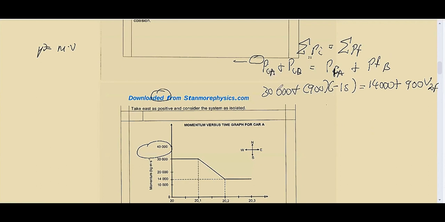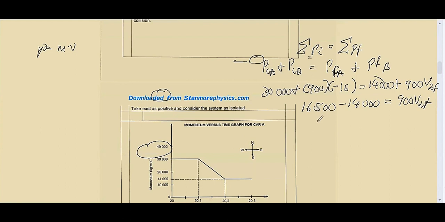Now, if we punch all this in our calculator, that's 30,000 plus 900 multiplied by negative 15. So all this will give us a value of 16,500. We can just right away transpose this 14,000. So 16,500 minus 14,000 is equals to 900 V2F. Now, what is 16,500 minus 14,000?